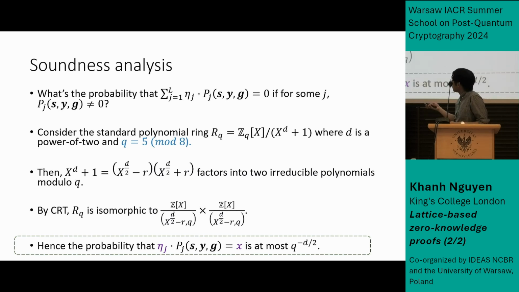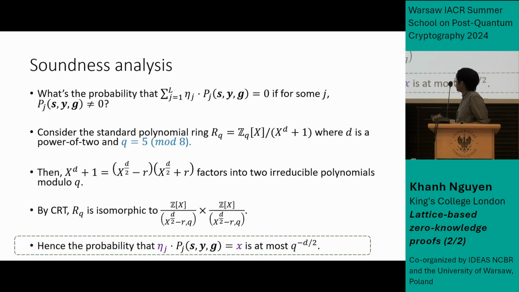And then the probability that one can show is that for any x, if I pick a random mu j, and this is non-zero, meaning that up to isomorphism one of those components is non-zero, the probability that it is equal to x is at most q to the minus d over 2.